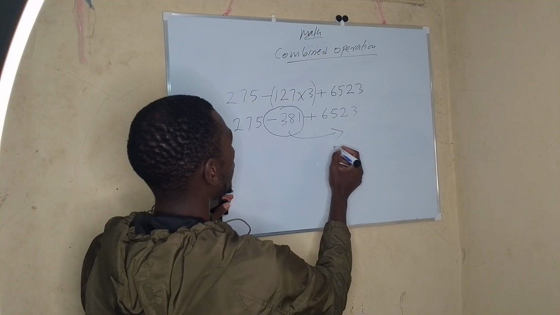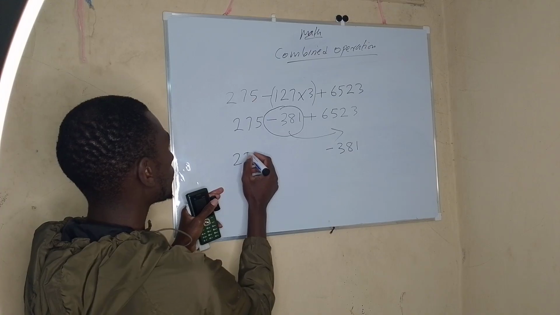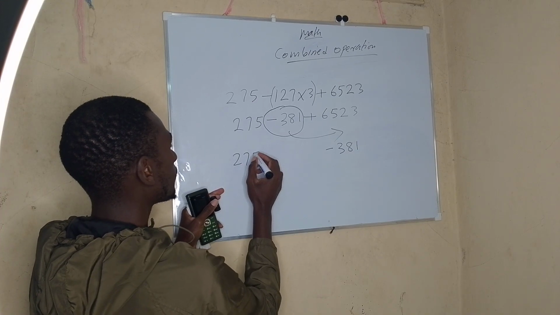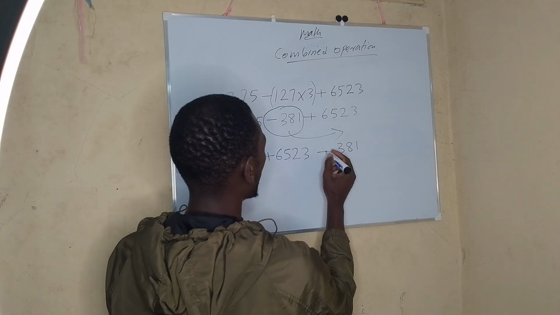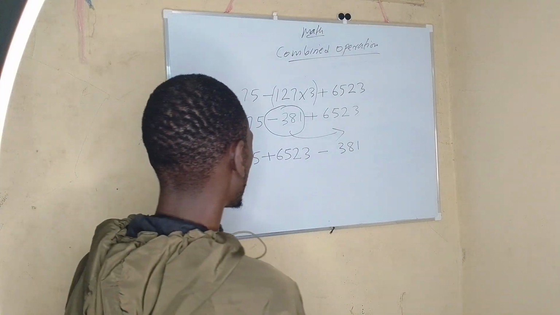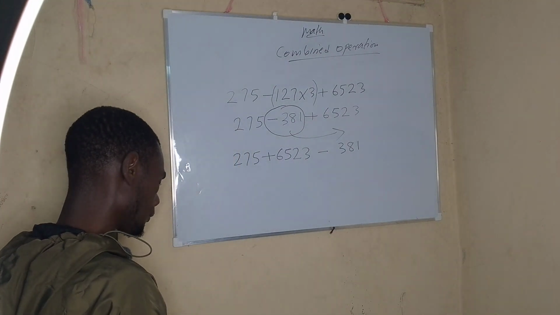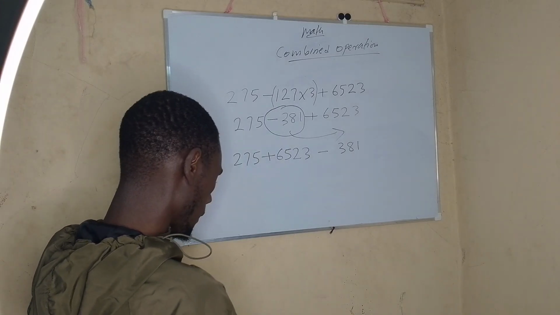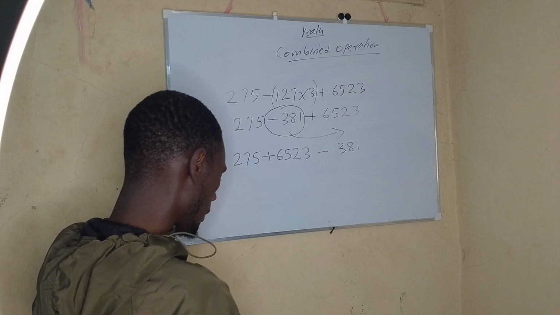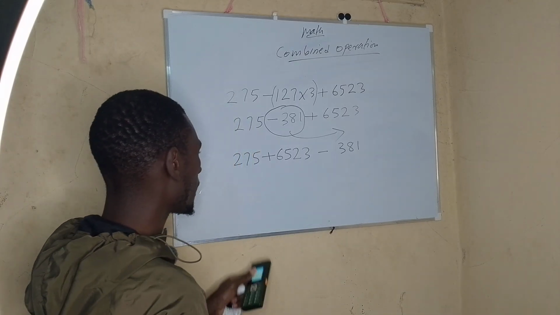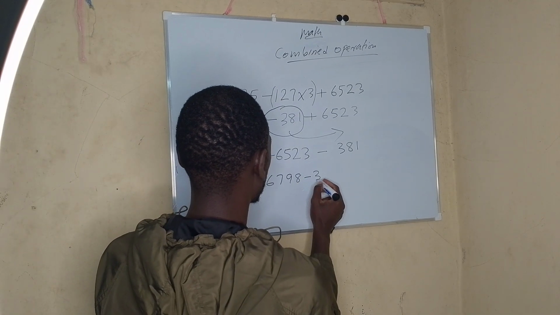So you will talk of this minus 381 is the last operation. So you will realize these two are added. 275 plus 6,523. Then finally you will subtract that. So if we have 275 plus 6,523, that gives us a total of 6,798, then minus 381.